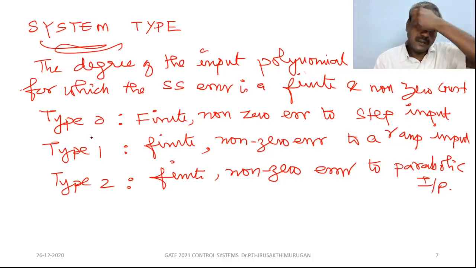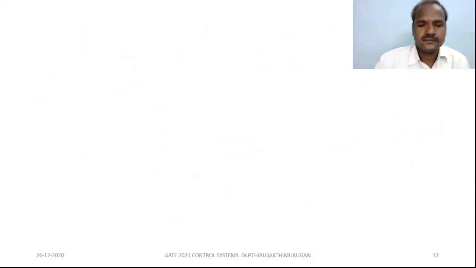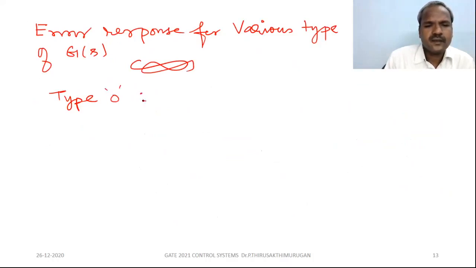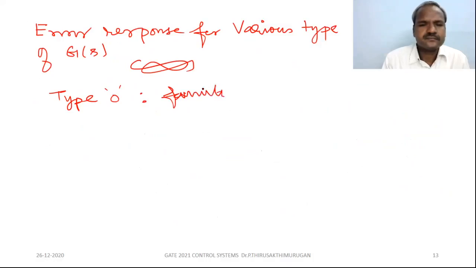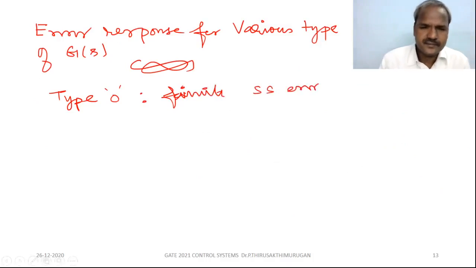Similarly, the type 0 system has finite steady state error for step input.